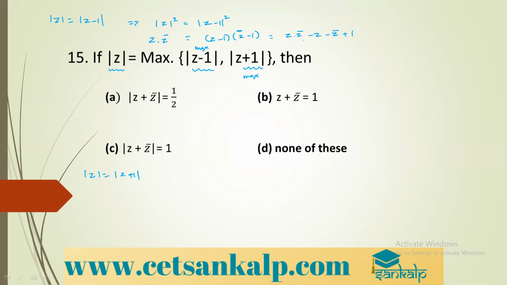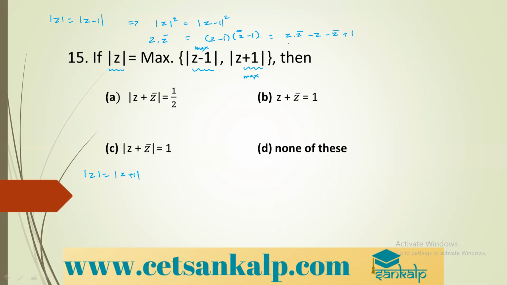Any questions regarding this? First I am multiplying Z into Z bar, which is the same as Z minus 1 into Z bar minus 1.